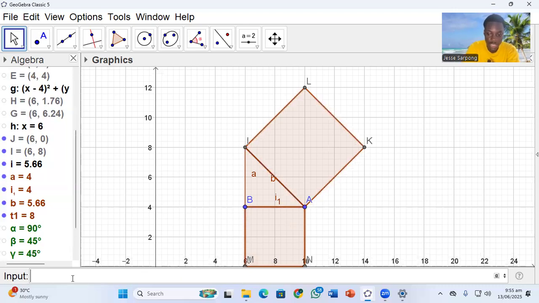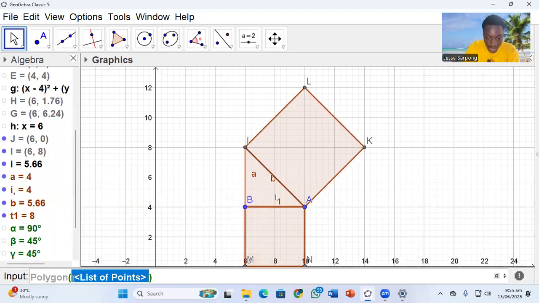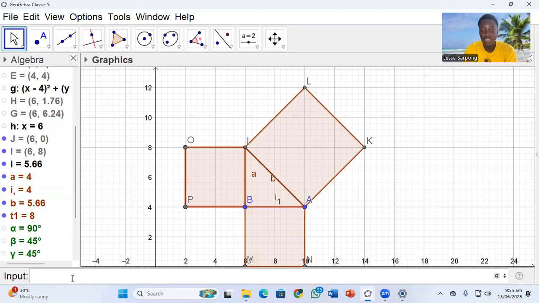And again, we do the same thing with the one on our left. So polygon and list of points B, I, 4.